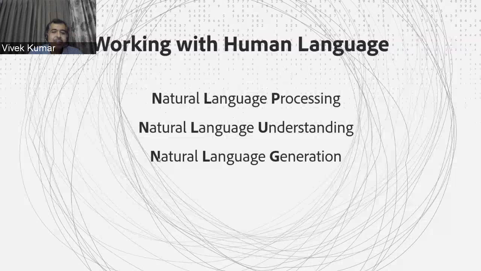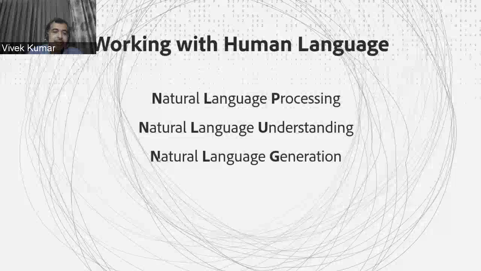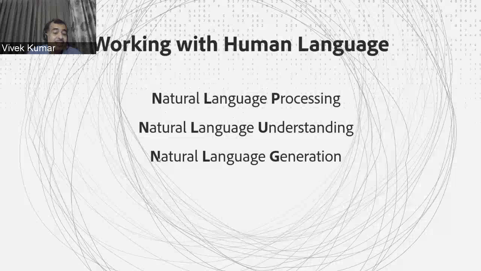And now Alexa has to speak back as well, right? So the language has to be generated as well. So it's natural language generation. This is the part of computer science that is very important, running everything behind the scenes. It is interpreting or understanding the human language, what you are saying.